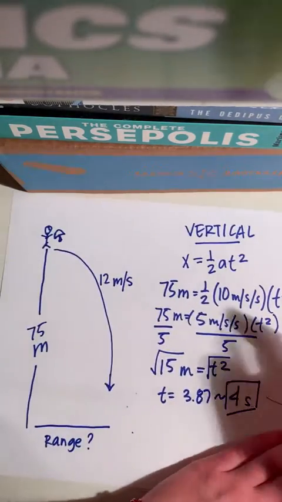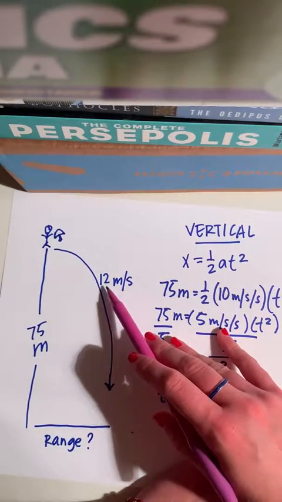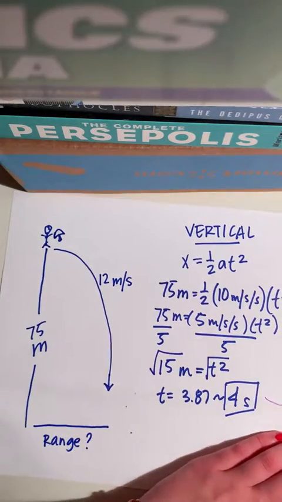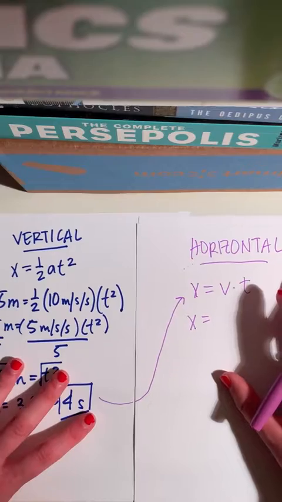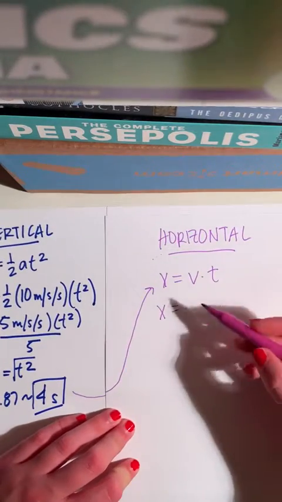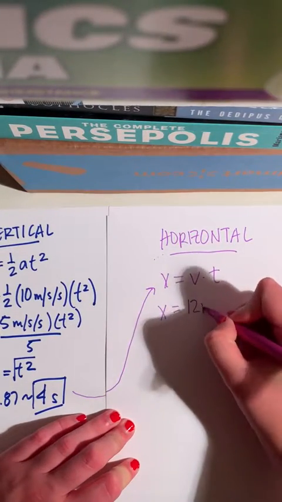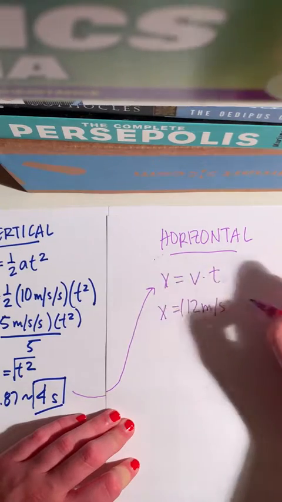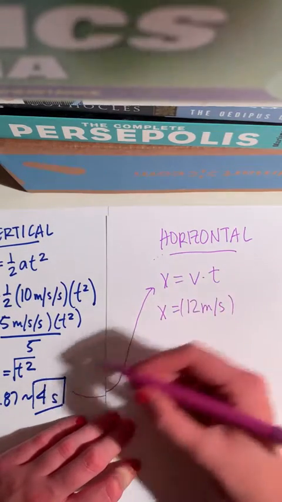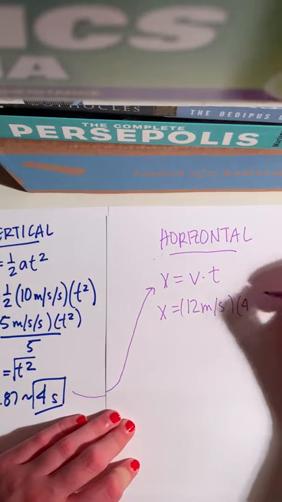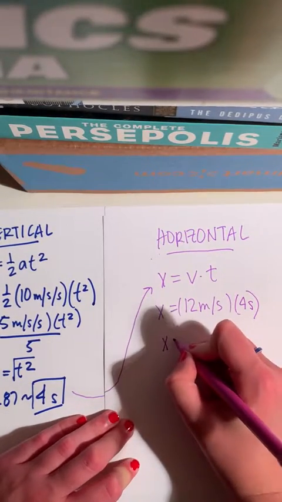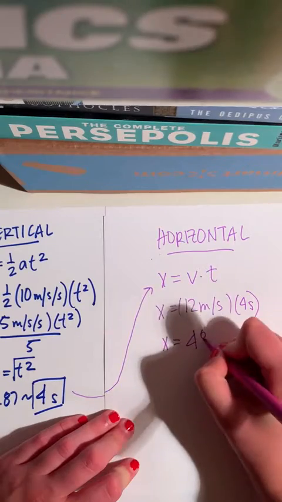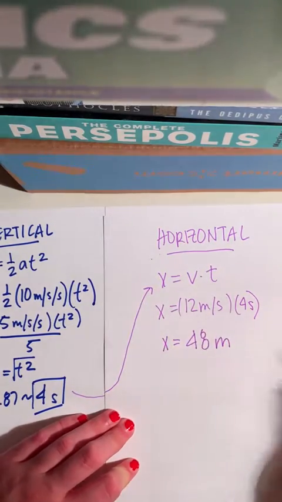V, if you can remember, is the 12 meters per second that it is originally launched at. So this will be 12 meters per second times T, which is 4, which we just found. We're rounding a little bit, but 4 seconds. So we multiply that out and we get 48 meters.